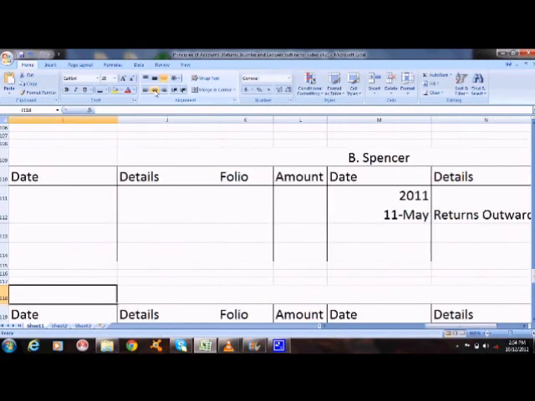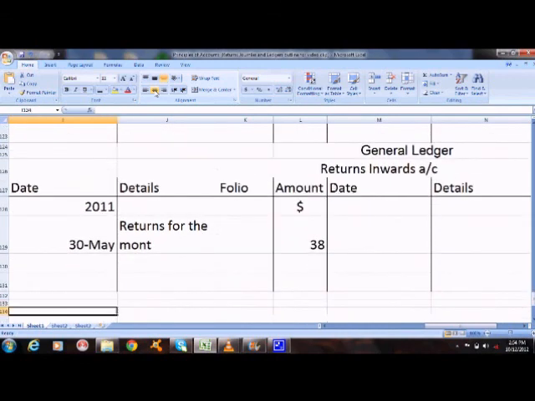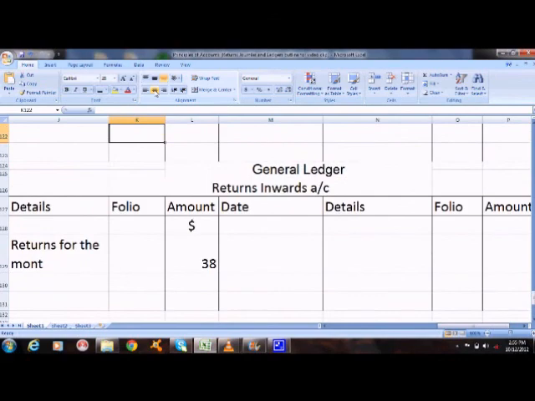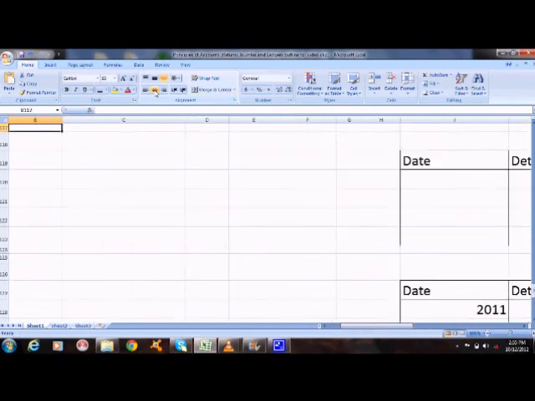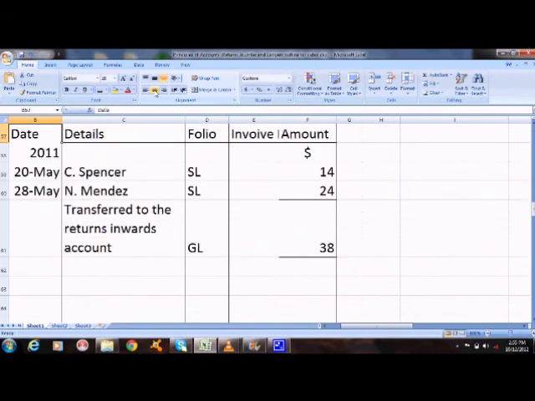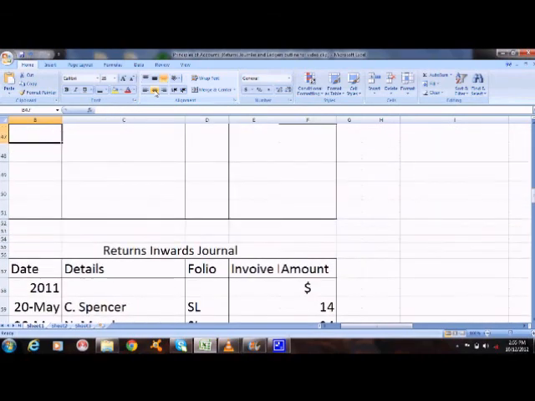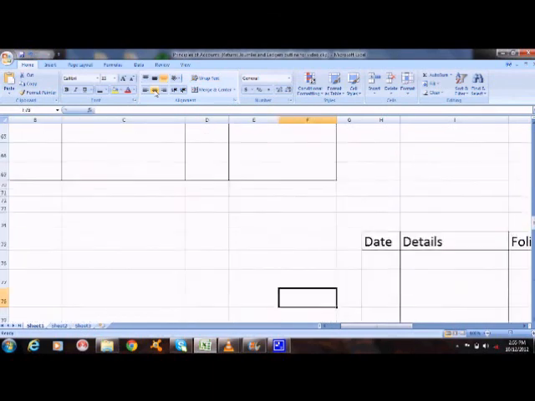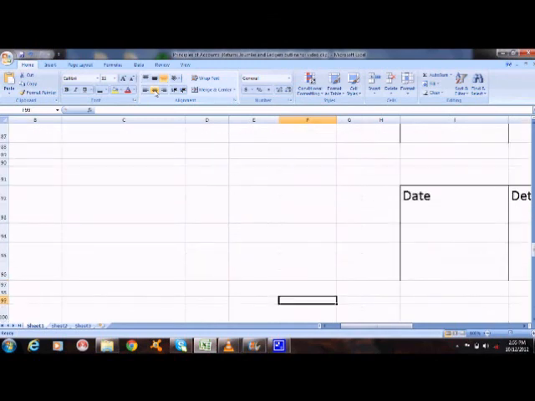Then after which we're going to go to our general ledger and write up our returns outwards account. We transfer $64 to the returns outwards account under the general ledger.